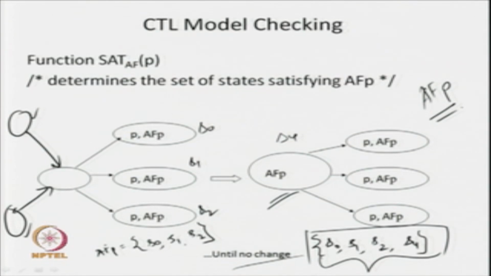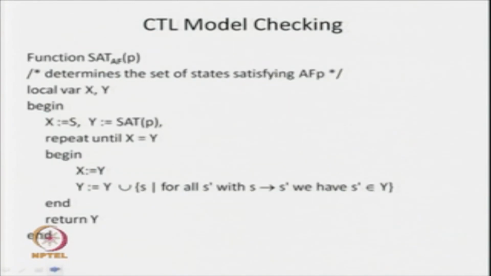Now, after having this concept, we can look for the algorithm. This is a simple algorithm. The set AFP is going to determine the set of states where the formula AFP is true. Like in your previous case, we take help of two variables, x and y.